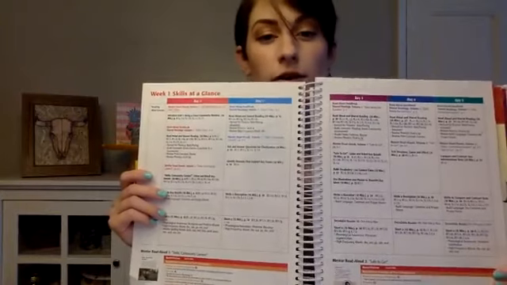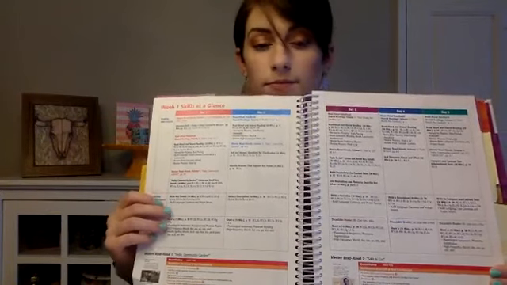All right. Now I'm going to look at this spread. So turn the page a couple pages, and here are your week 1 skills at a glance. This to me is confusing to follow, so that's why I have this.